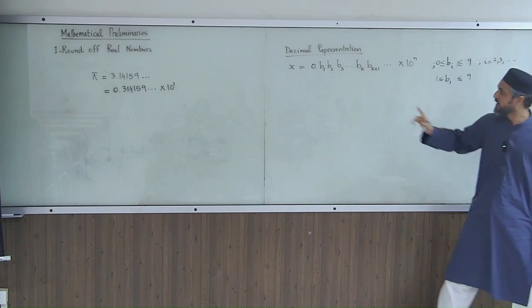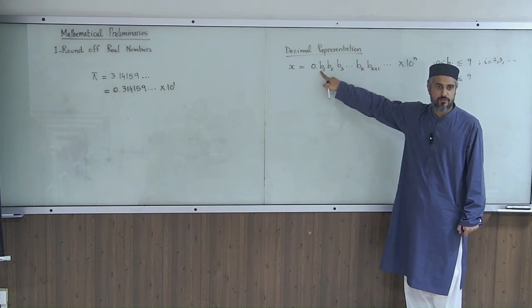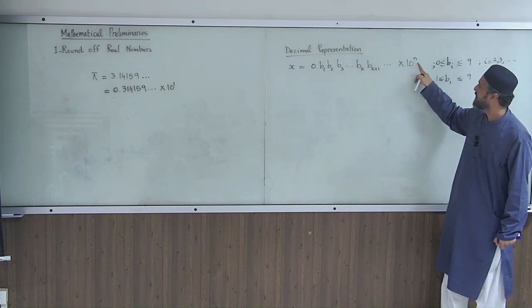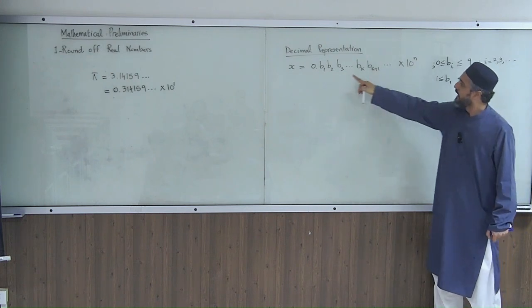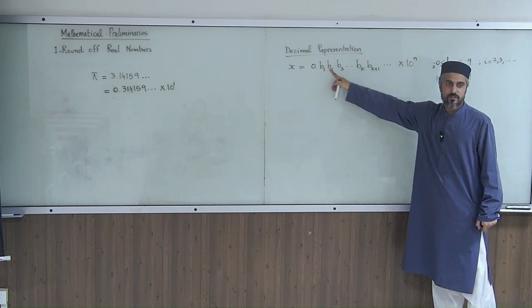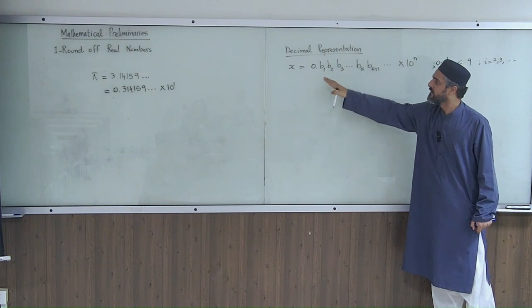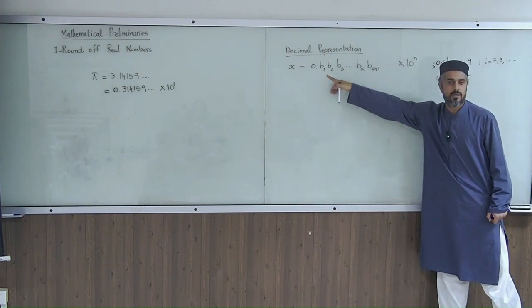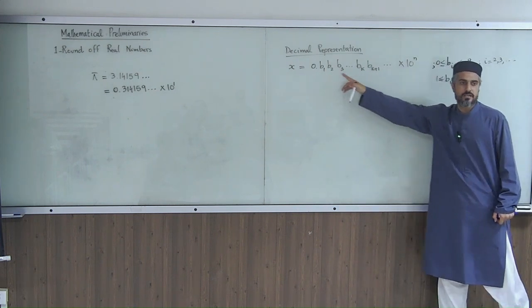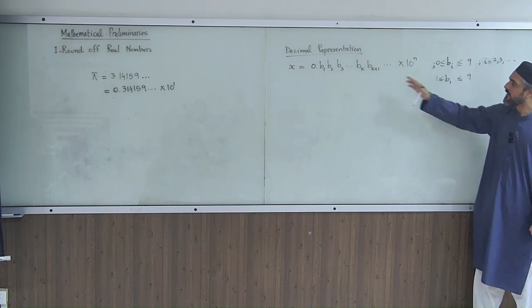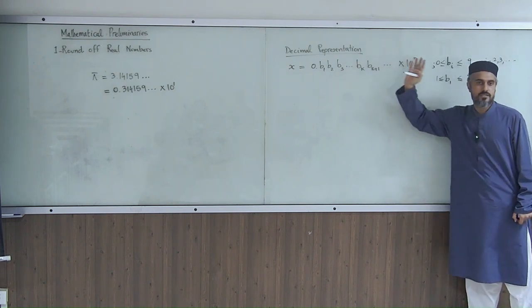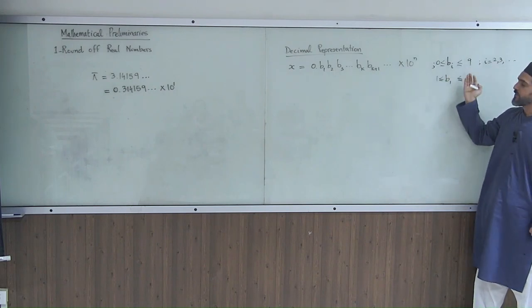Okay, so this b1 cannot be 0, because if it is 0, we can just plug some information over here. So this b1 should be a significant digit, a number between 1 and 9. Otherwise, b2 onwards can be any integer between 0 and 9.